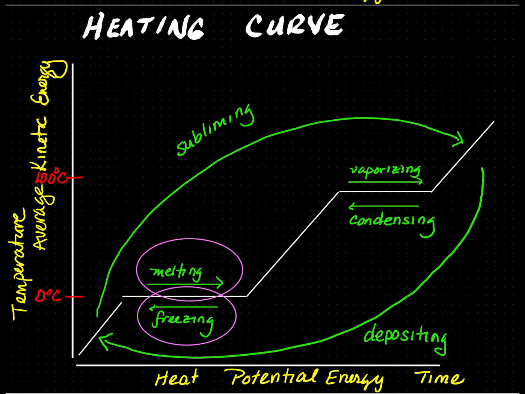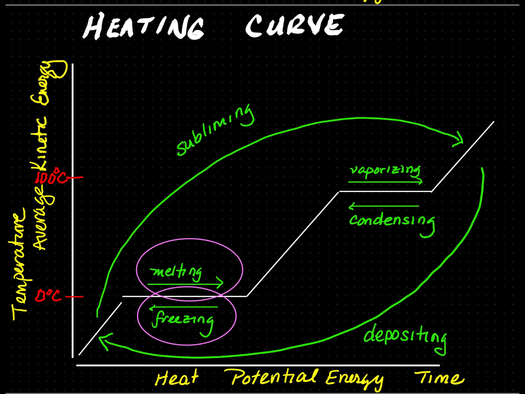Only heat energy or potential energy is increasing or decreasing. At 100 degrees, there is also another phase change. A phase change, if you do not know, is going from one state of matter to another. So melting and freezing is either going from a solid to a liquid or liquid to a solid.